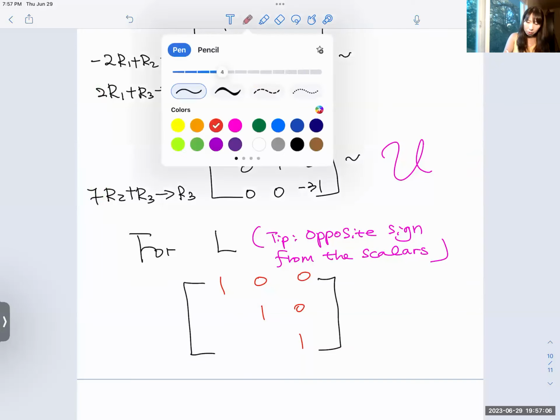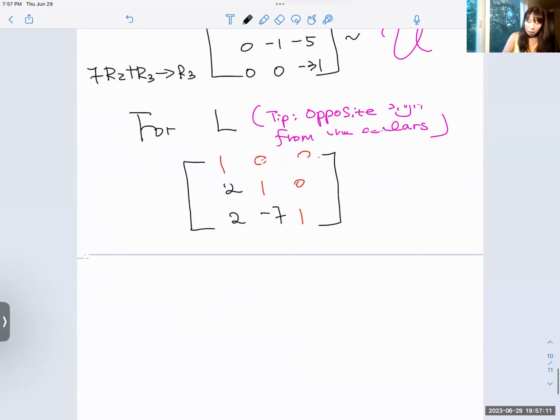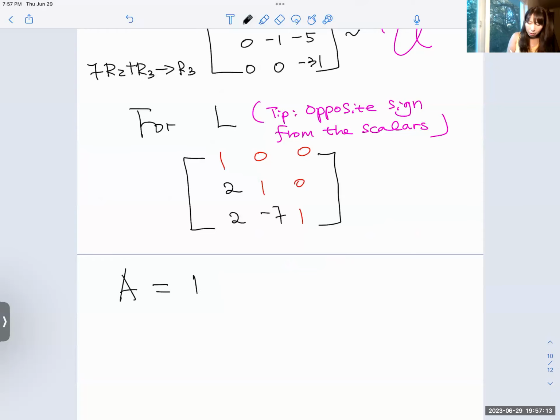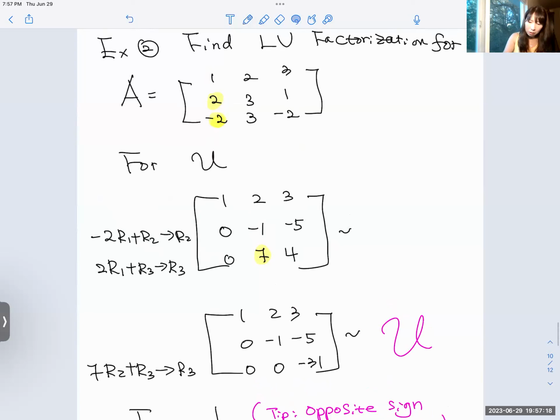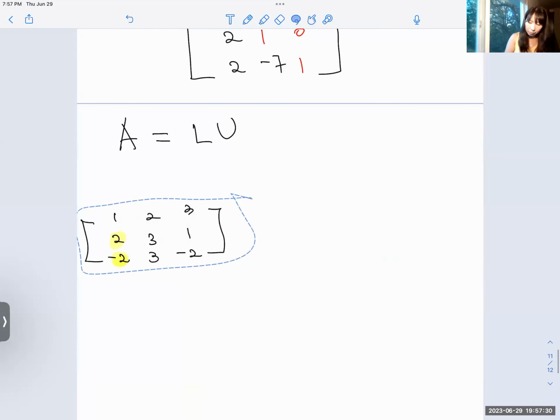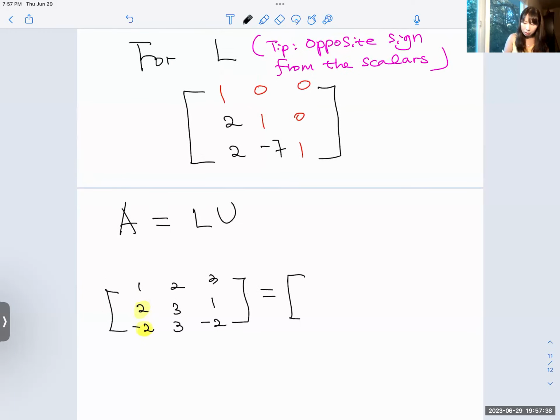So 2, 2, negative 7. Now we have A equal to LU. So A equal to that. Copy. Equal to L. Let me just make that.